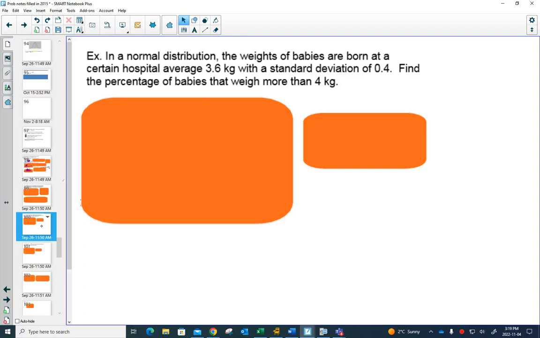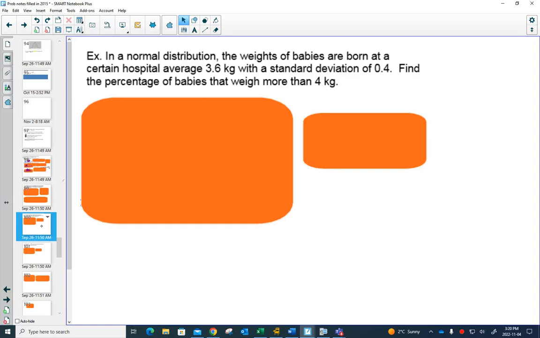Do you remember how heavy you were? Seven pounds is optimal. Well, that's pretty close, right? If we were looking at this, 7 pounds would be 3.2 kilograms, so you are just one standard deviation, according to this hospital, below what is expected.